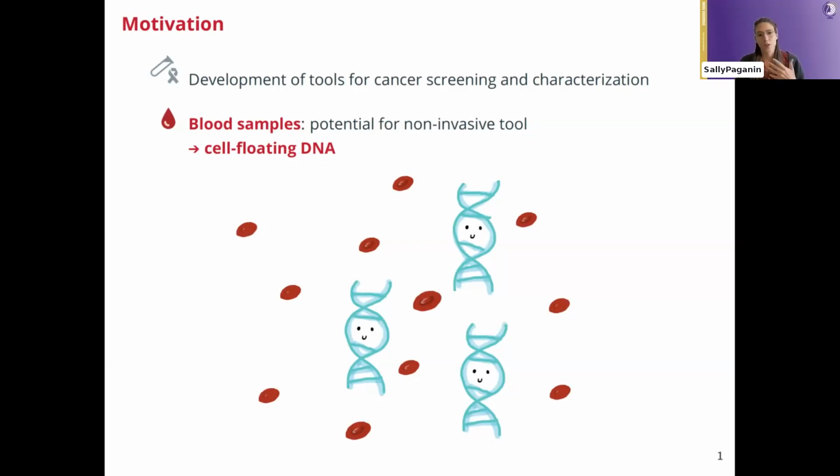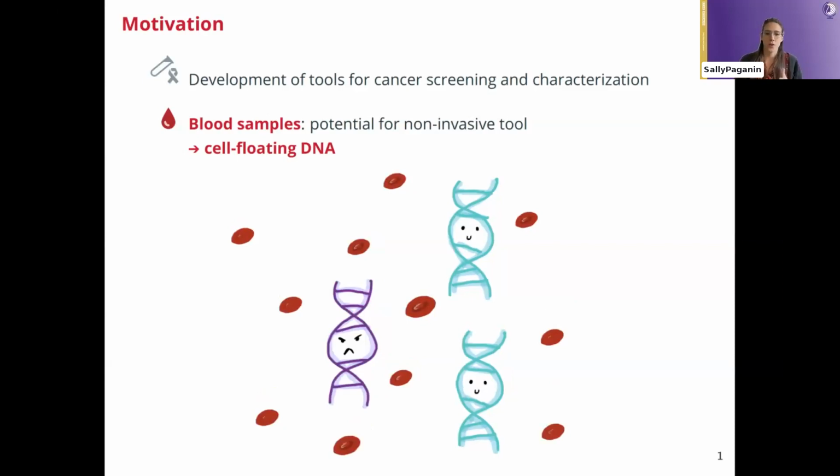The rationale to use these technologies for cancer detection is that if you are developing a cancer mass, you will have some cancer cells containing some DNA that differs from the ones in the healthy cells. And you will find also evidence of fragments around in the blood, depending on the status of your cancer mass growth. And this is our ultimate goal.